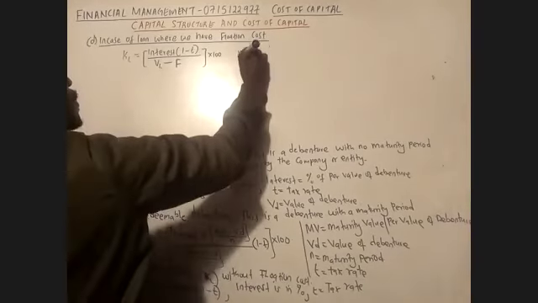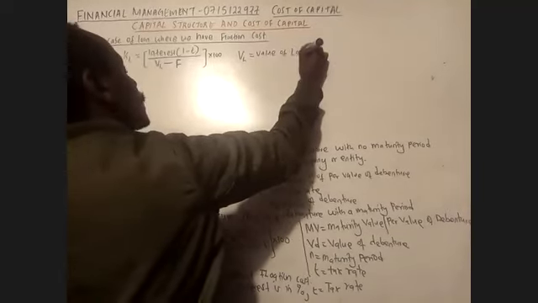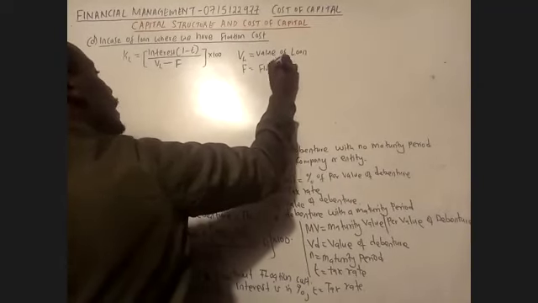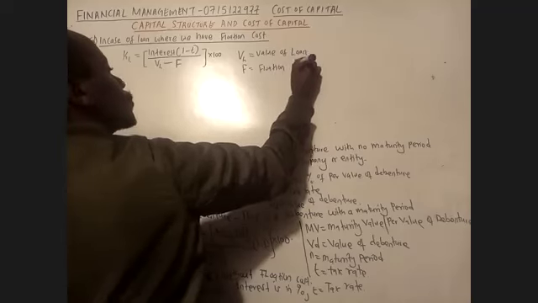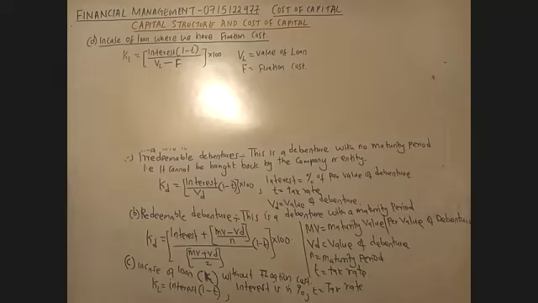So VL is the value of the loan. F equals flotation cost.